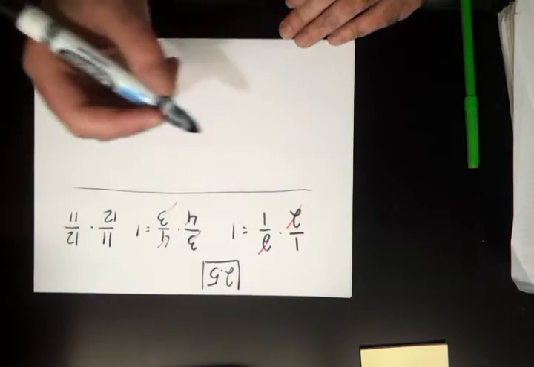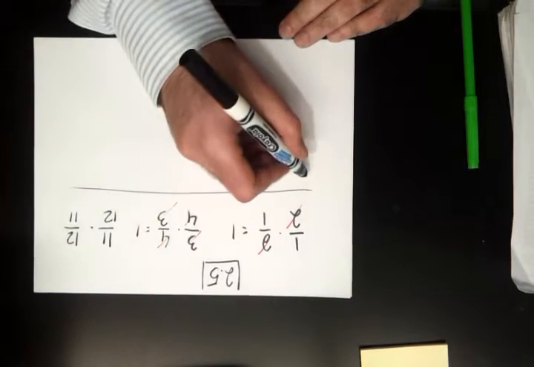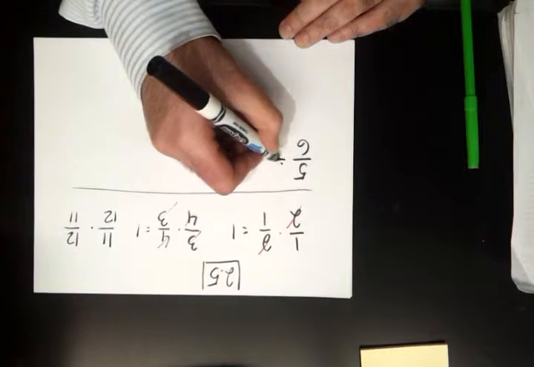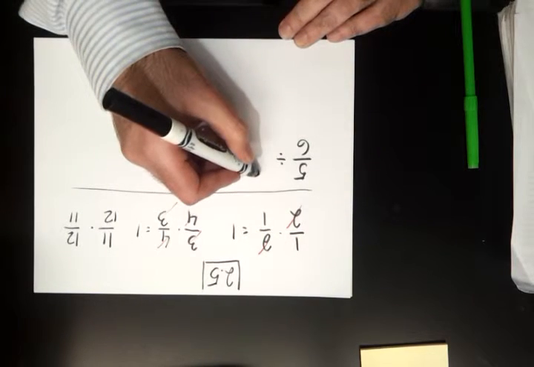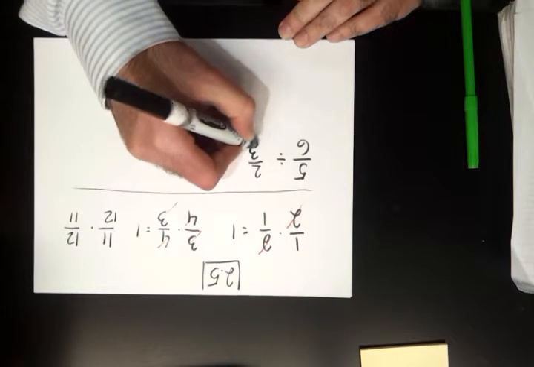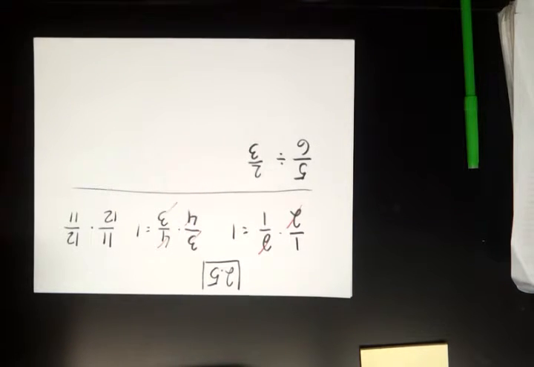So why is that important? Let's say I have this expression here, 5 over 6 divided by, let's go with 2 over 3. Now, dividing fractions is kind of tough, not the easiest thing to do. So we don't have very good rules for dividing rational numbers, but we do have rules for multiplying them.